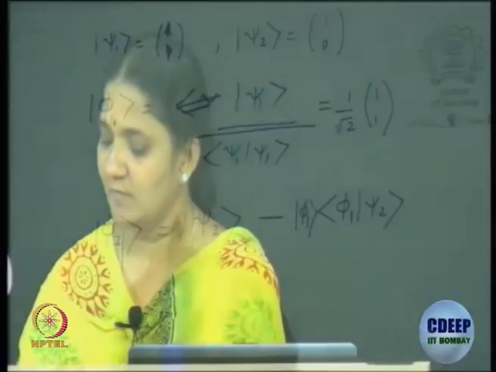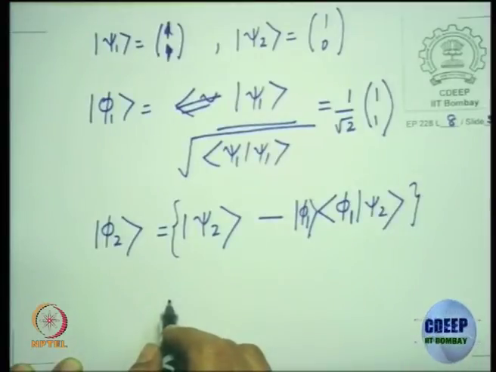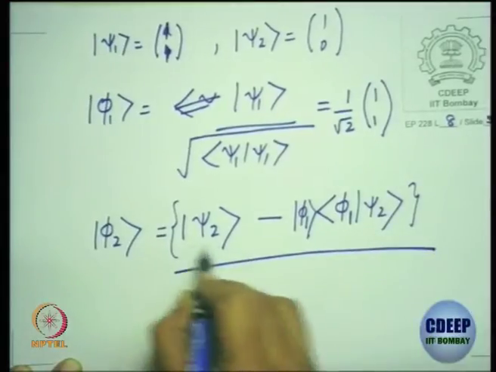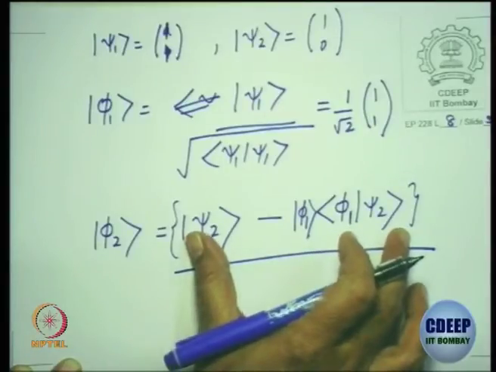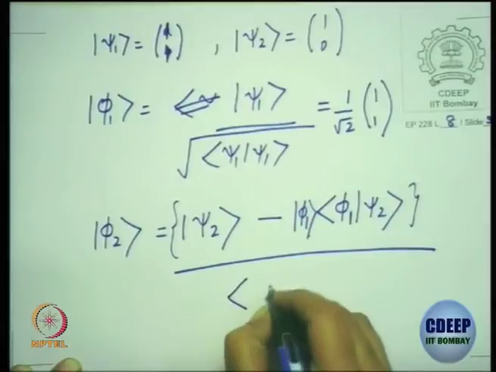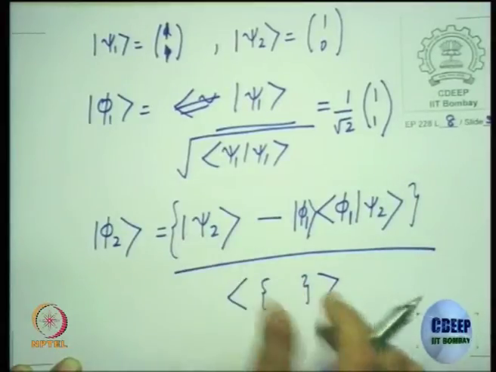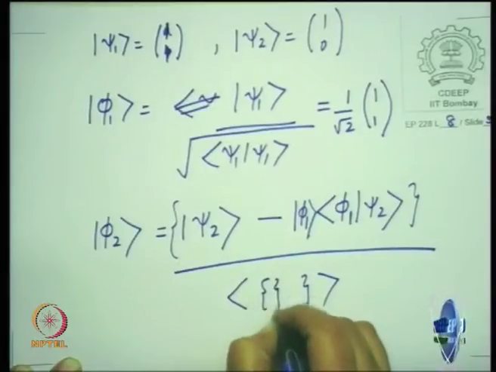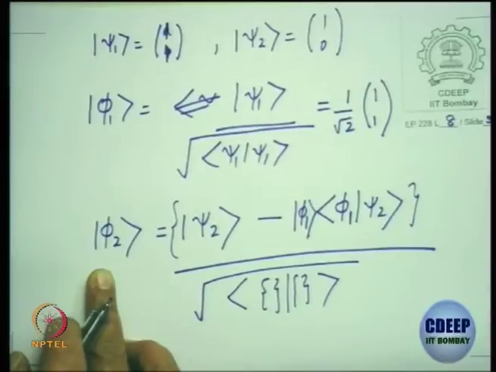So, do this, and after you do this, whatever is the numerator result, let me call this to be some new state, and you have to take the norm of that, the inner product of that state with itself. You understand what I am saying, right? And then take the square root and you should get the phi 2.